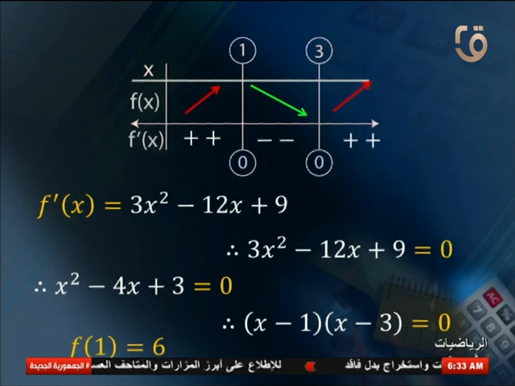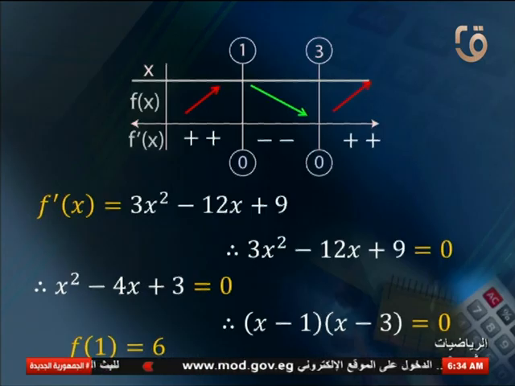When x equals 1, f dash of x equals 0. In this case, by substitution of x smaller than 1 in f dash of x, it is positive. What do you mean?